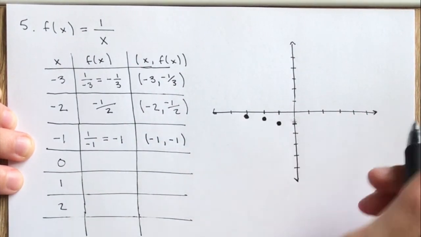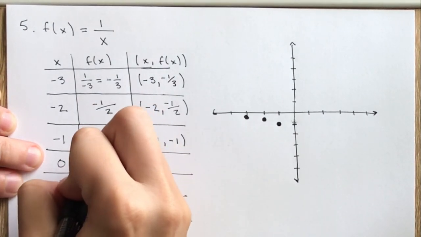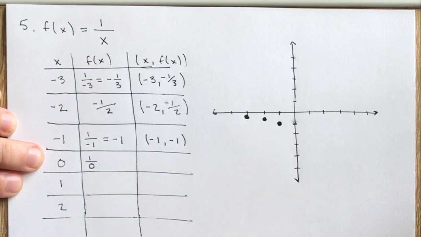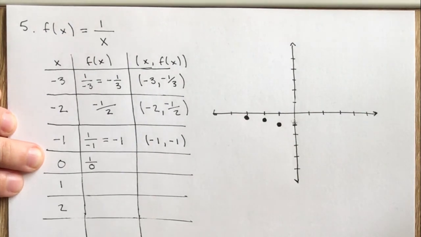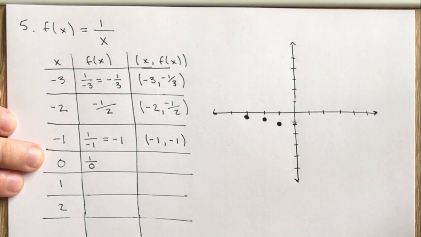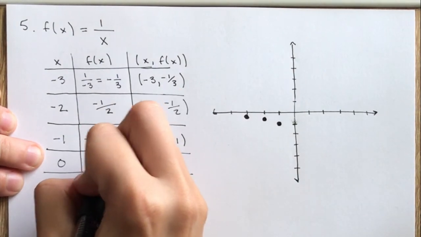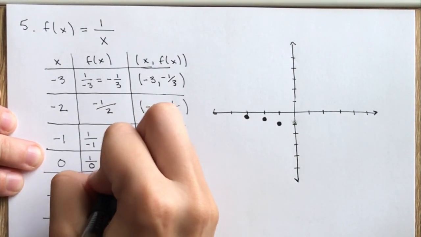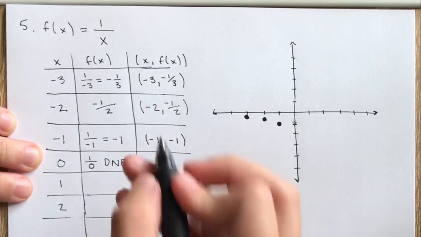All right, let's look at 0. So what happens when I divide by 0? Can I divide by 0? I cannot divide by 0. That's one of those special rules of algebra. This does not exist. So the function is undefined here.